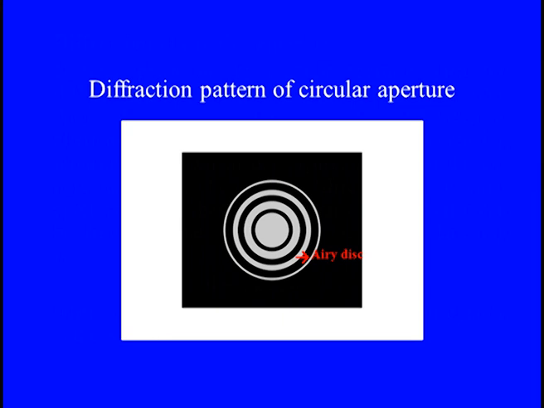This may also be taken as the angular radius of the bright central disc. About 84% of the transmitted light energy is concentrated in the central bright disc. This result we will use later to calculate the resolving power of telescopes and microscopes.